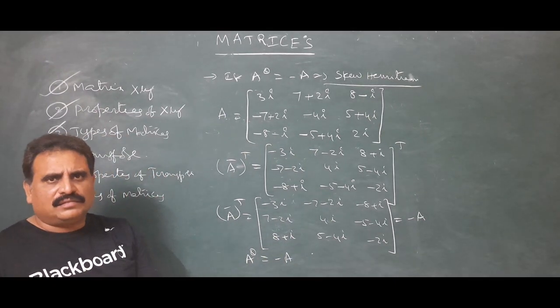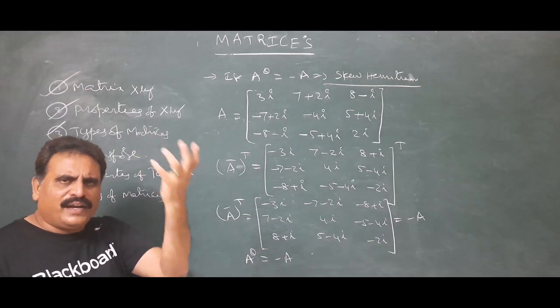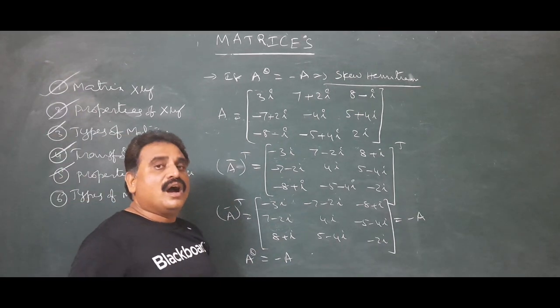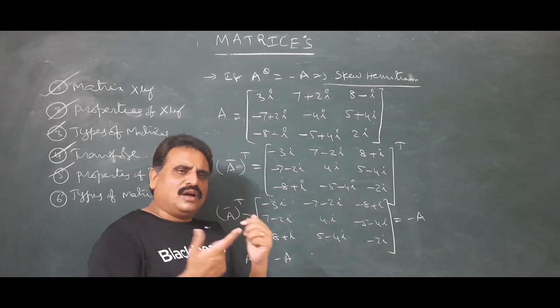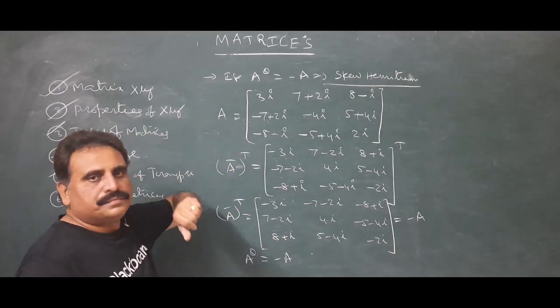We can construct skew Hermitian matrices. There are infinite skew Hermitian matrices. How to construct? You also construct? How to construct that? Look here.